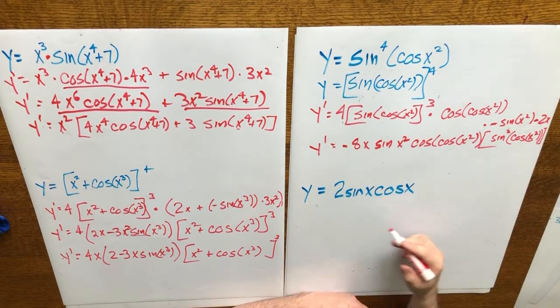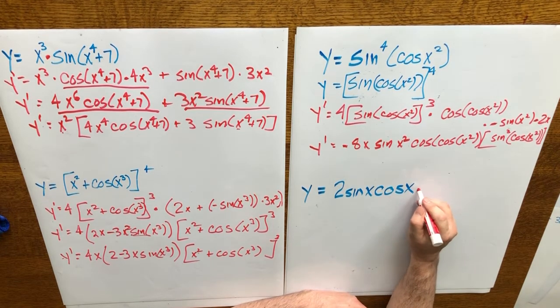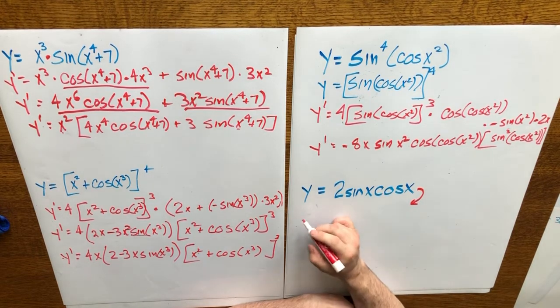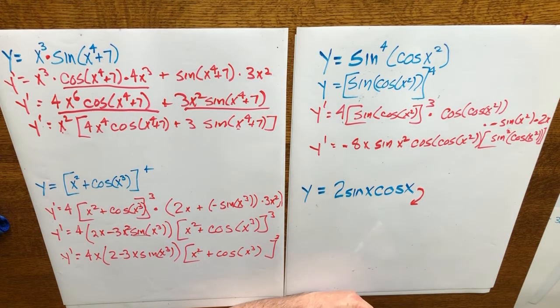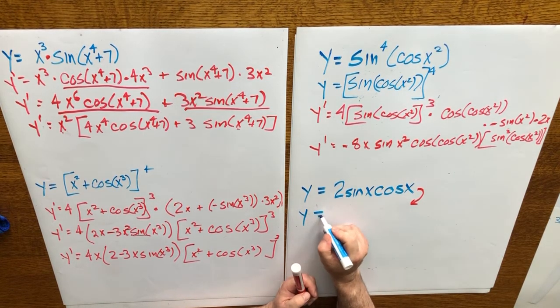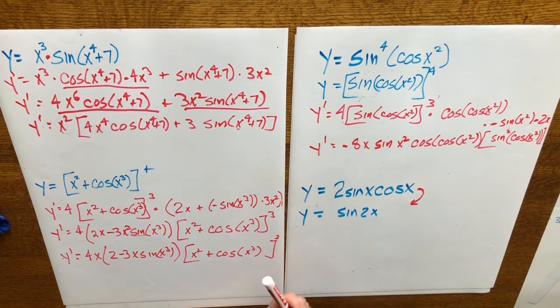One more of this type. This one is interesting. You can look at it as a product rule right now, or maybe you can identify that as an identity. And when questions pop up like this, like we have on our identity sheet, you want to use identities to simplify them. So before I take the derivative, I'm going to recognize that rather than using the product rule, I can simplify this one as y equals the sine of 2x.